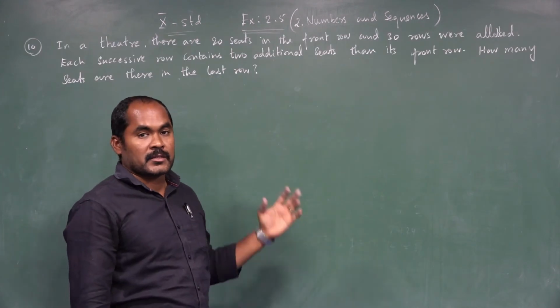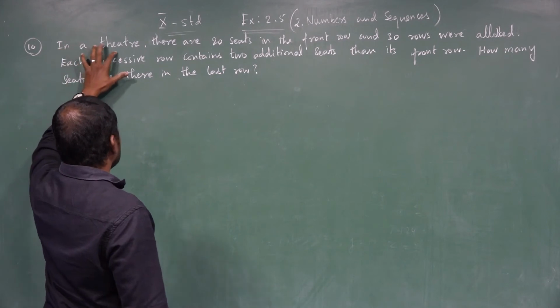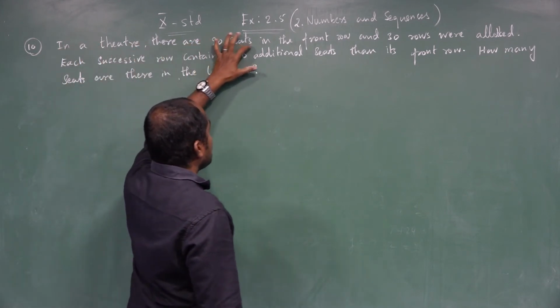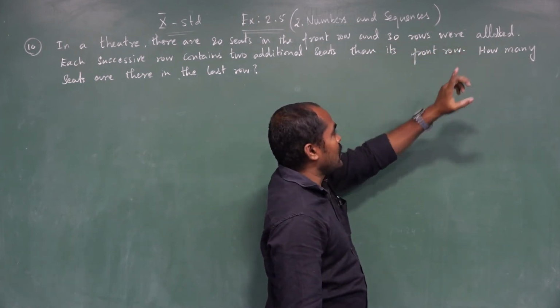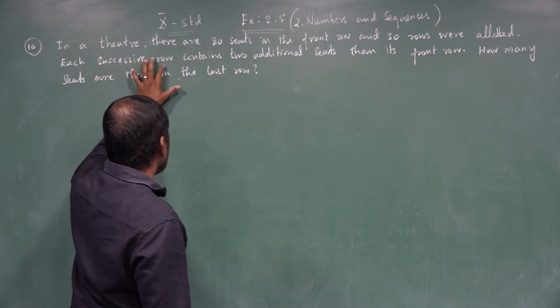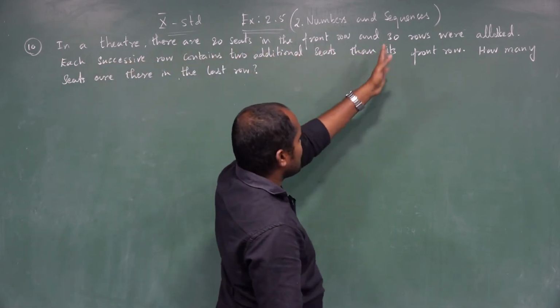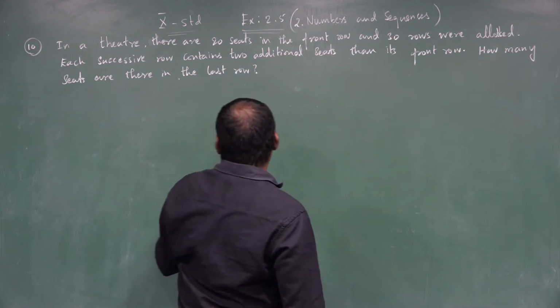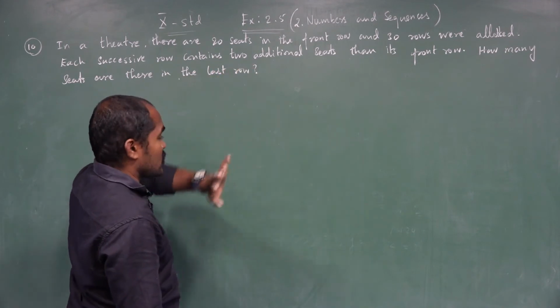So next, exercise 2.5, 10th sum. In a theatre, there are 20 seats in the front row and 30 rows were allotted. Each successive row contains 2 additional seats than its front row.